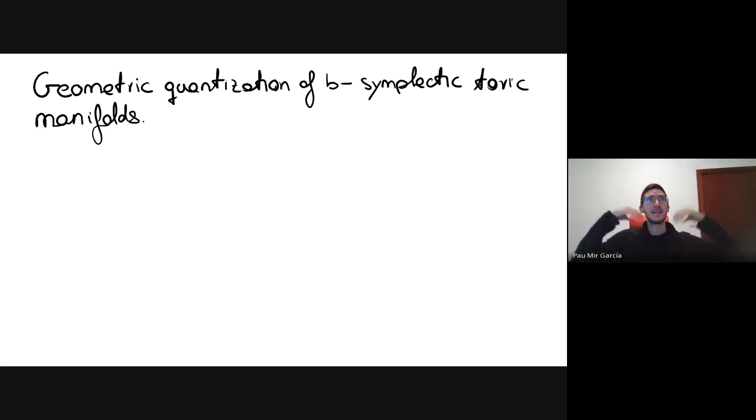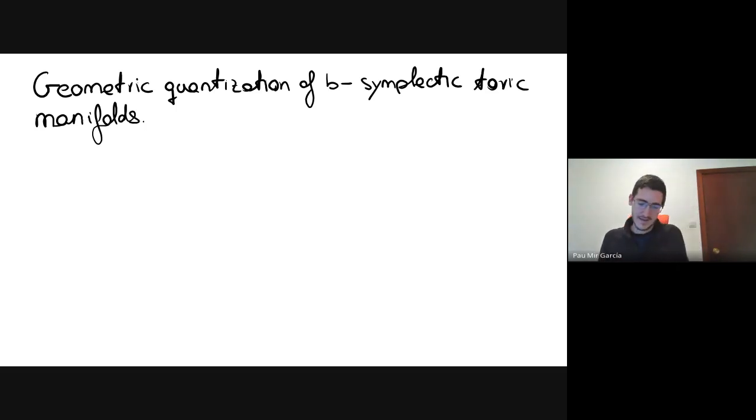We will use the same already existing ideas, results and theorems of geometric quantization, in order to see how they can be adapted to compute geometric quantization in the branch of b-symplectic and toric manifolds.